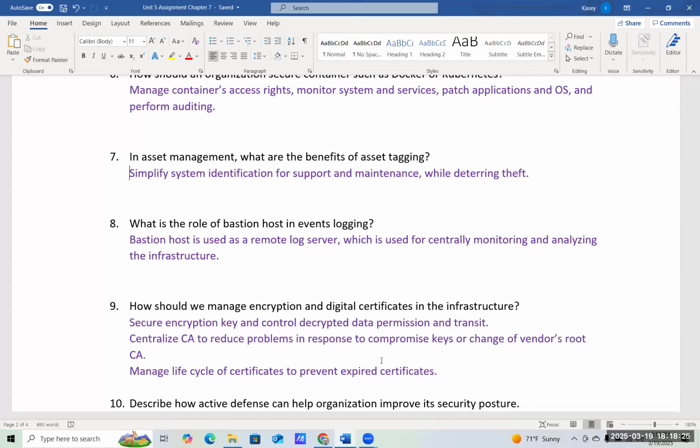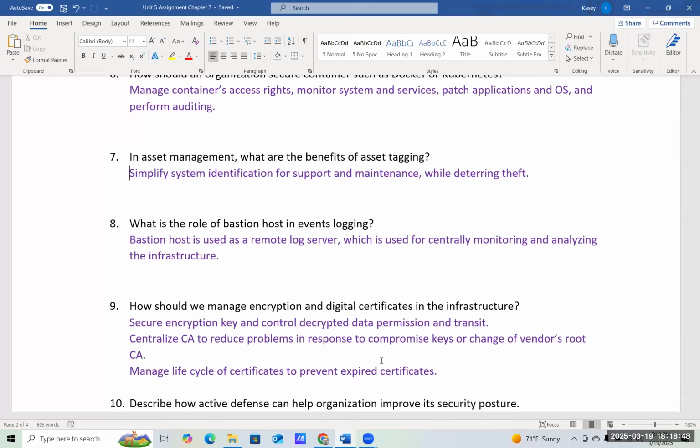Encryption is a way that we convert the data into something non-readable, unreadable. And we would use an encryption key or two to do that, right? One key to lock and the other key to unlock, or we can share the key. So the encryption key must be secure, okay?